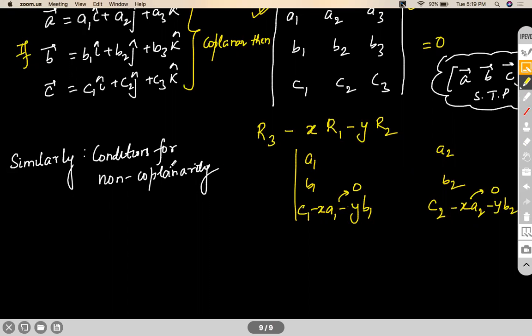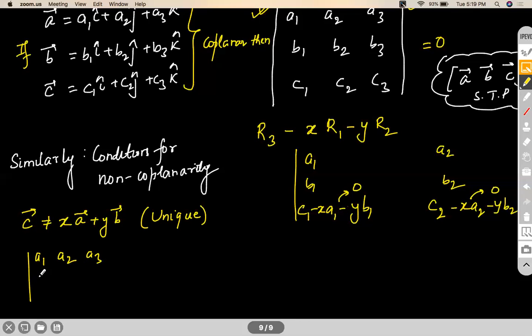The condition for non-coplanarity is you will not be able to express this uniquely. Uniquely means one set of values will not match with the other. So there will be an inconsistency in the value of x and y. Second thing is that the determinant which you made by the coefficients, the ijk coefficients of these vectors, will not give you a determinant value of 0. So these are the two things that we need to keep in mind.